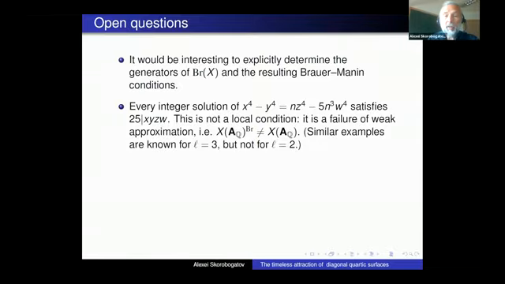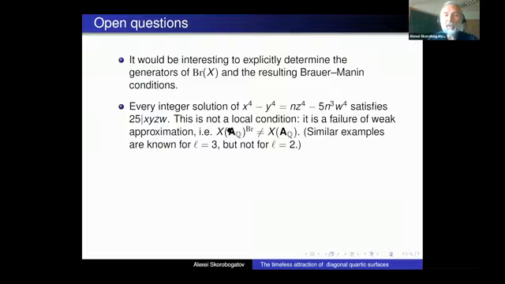And the key fact is that this is not a local condition. You can find a 5-adic solution to this equation which does not have this property. So this condition is a failure of weak approximation. It comes from the fact that it's a global fact.